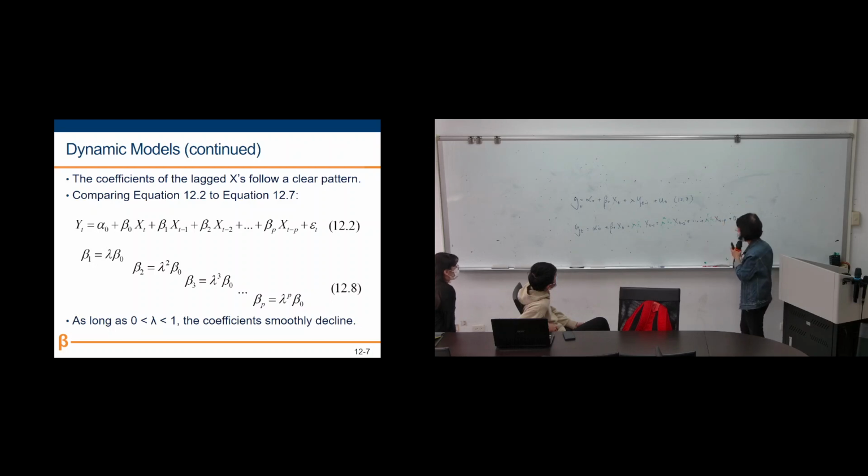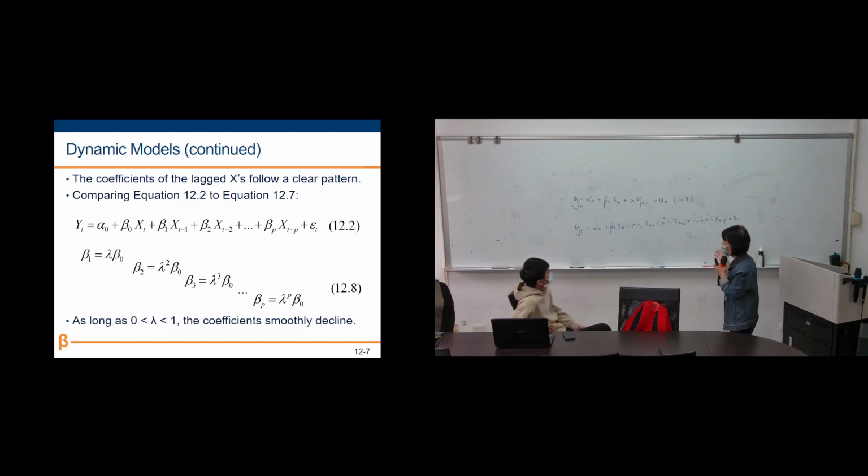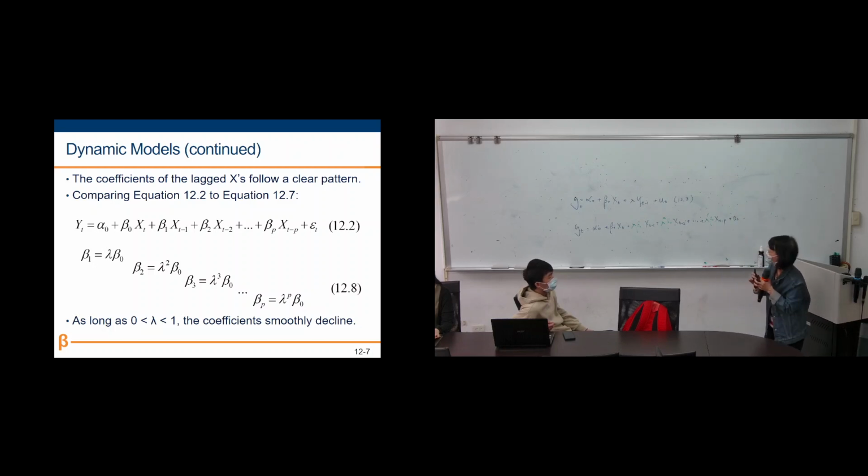This is theoretical, by simple linear algebra, expressing the relationship between the dynamic model and the distributed lag model. Now I'm going to use one example to show whether, with actual data, I get all these results.